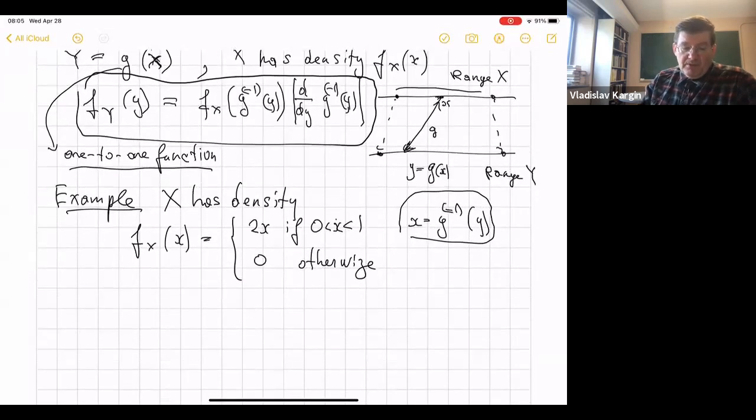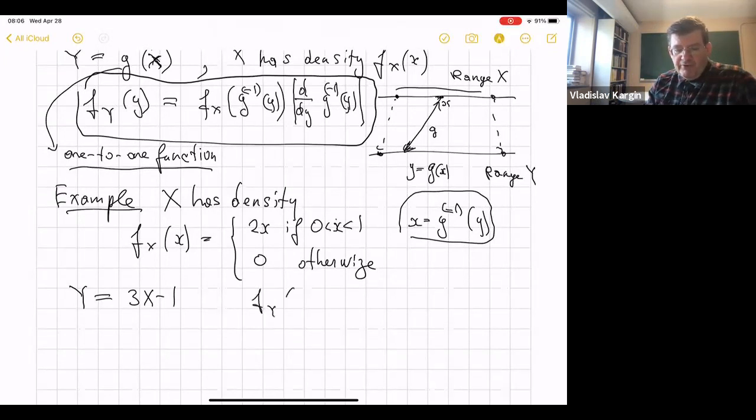Now this new random variable y, sometimes in the lecture notes I call it U, sometimes Y, so let's call it Y here. It's equal to 3x minus 1. So what's the density of y?